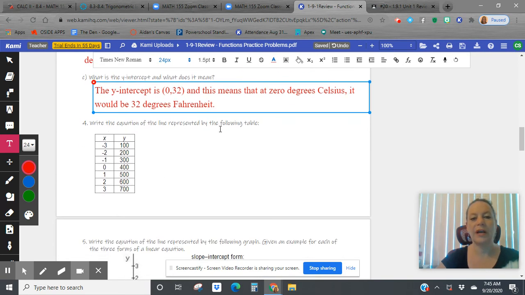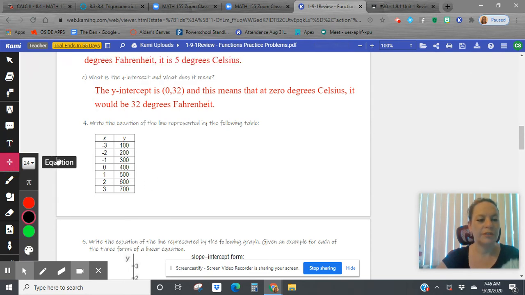Write the equation of the line represented by the following table. So again, we need to get the change in y over the change in x. Notice that your x is only going up by 1 each time, so that's nice. So on this side, it's going up by 100, 100, 100, 100.